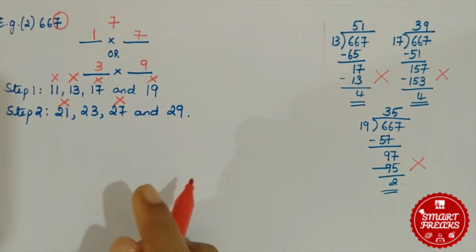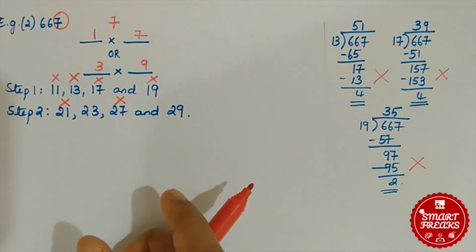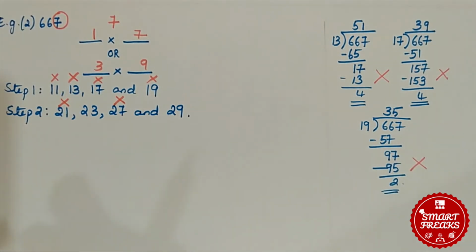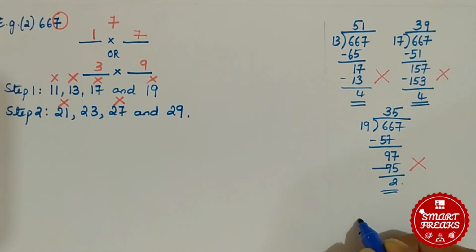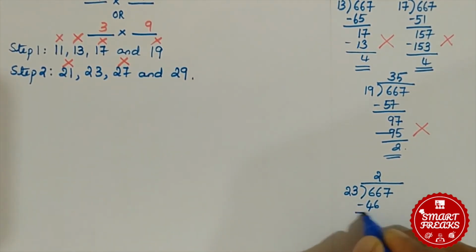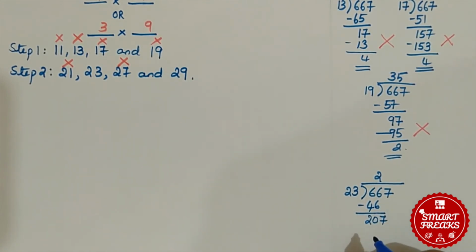So we'll divide 667 by 23. Twenty-three 2s are 46. Subtract, we get 20. Get 7 down. 23 9s are 207.